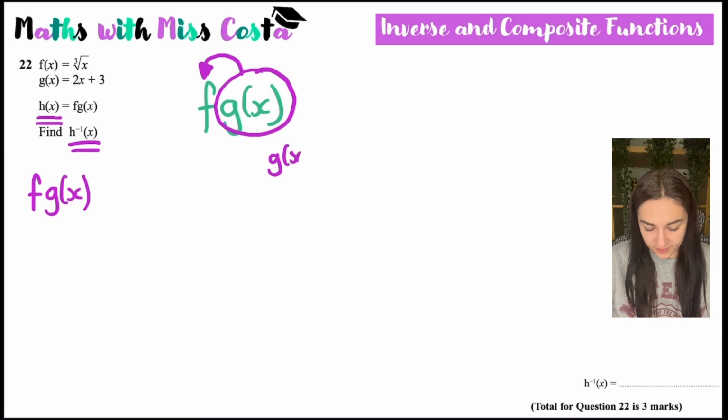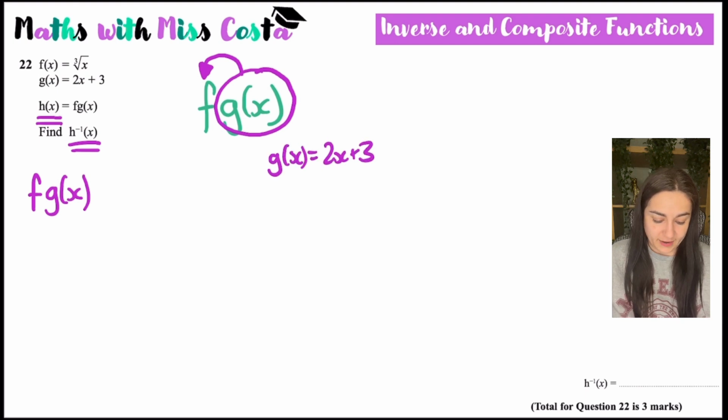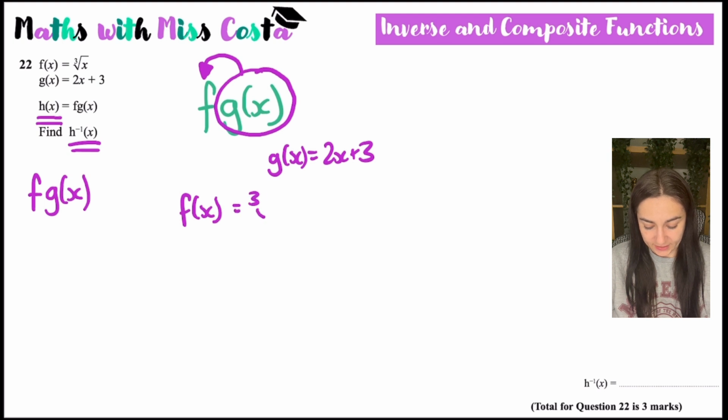So I know that g of x is 2x plus 3. I haven't been given any value, so I'm just going to have to substitute that whole thing into f of x. So f of x is the cubed root of x. So wherever I see an x, I'm going to substitute all of g of x into it.